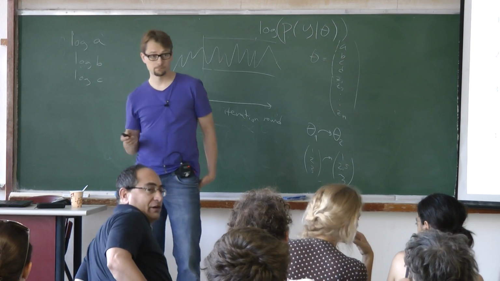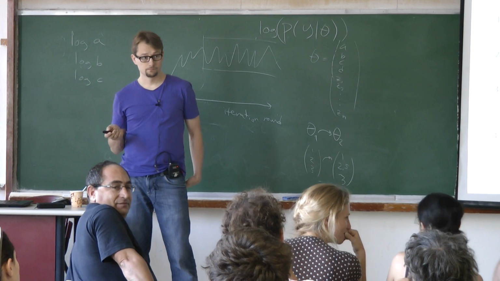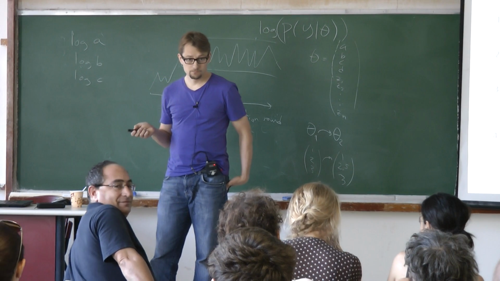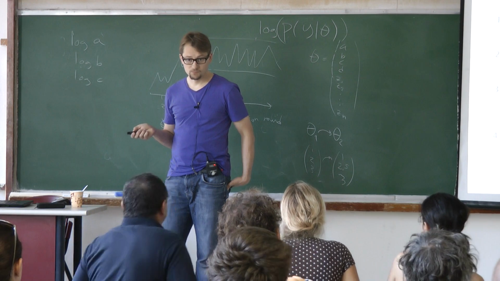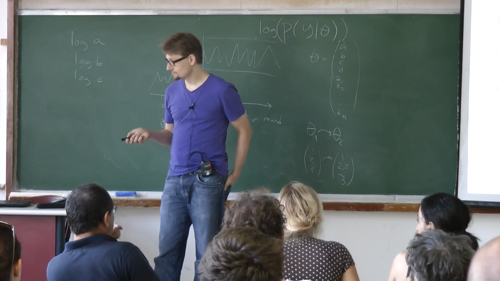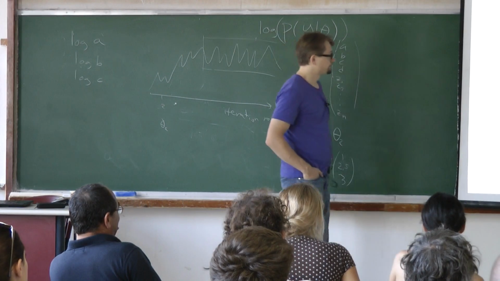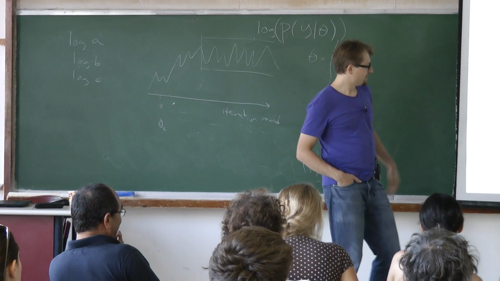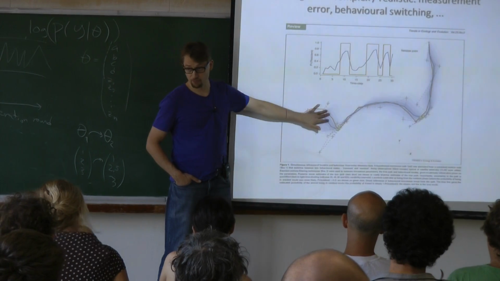So what is the posterior ring? Which line? Ask what is the posterior ring? Oh, in this? So here this blue color shows the posterior distribution.